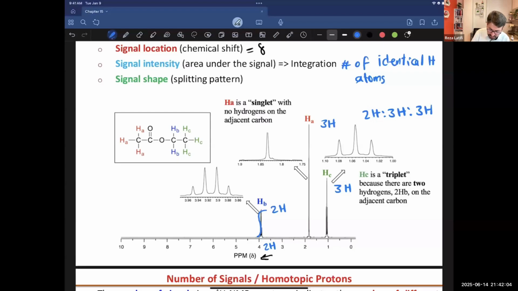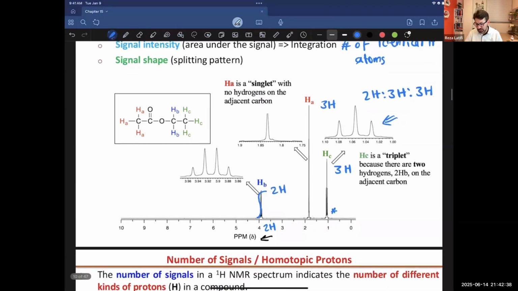For example, if I pick one of them, I see the peak got split into 3 peaks, and that tells me that the neighboring atom has 2 hydrogen atoms attached to it. So the peak that I see around 1 is split into 3 small peaks.